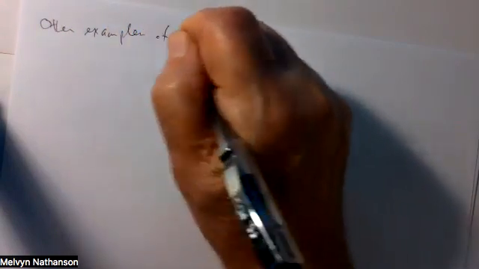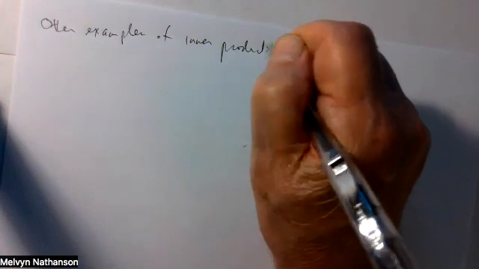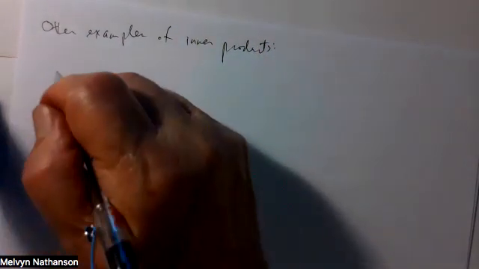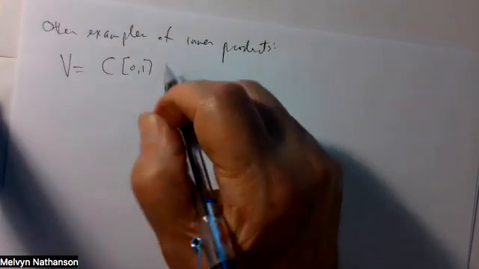There are many other examples of inner products. So here's a fundamental example from calculus. Suppose we take the vector space V to be C of 0, 1.